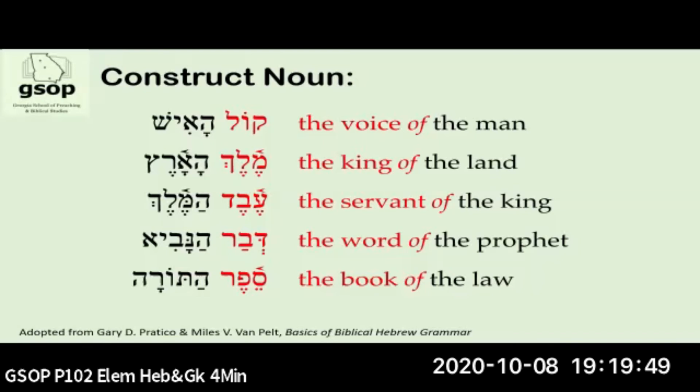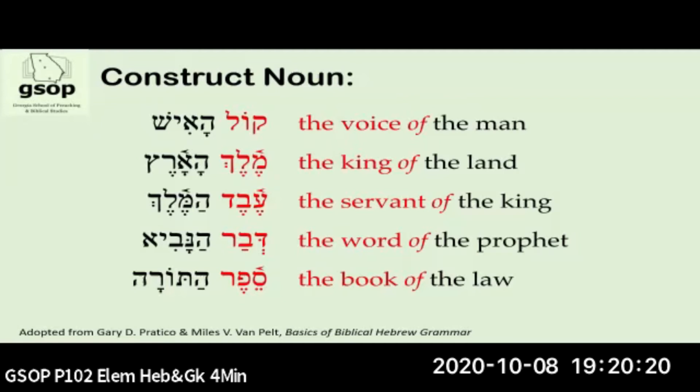And notice again that the article, ha, the definite article, only appears on the last word. It does not appear on the first. But yet we translate it as "the voice of the man," because symbolically it's there. The absolute noun takes the article for the whole construct chain.